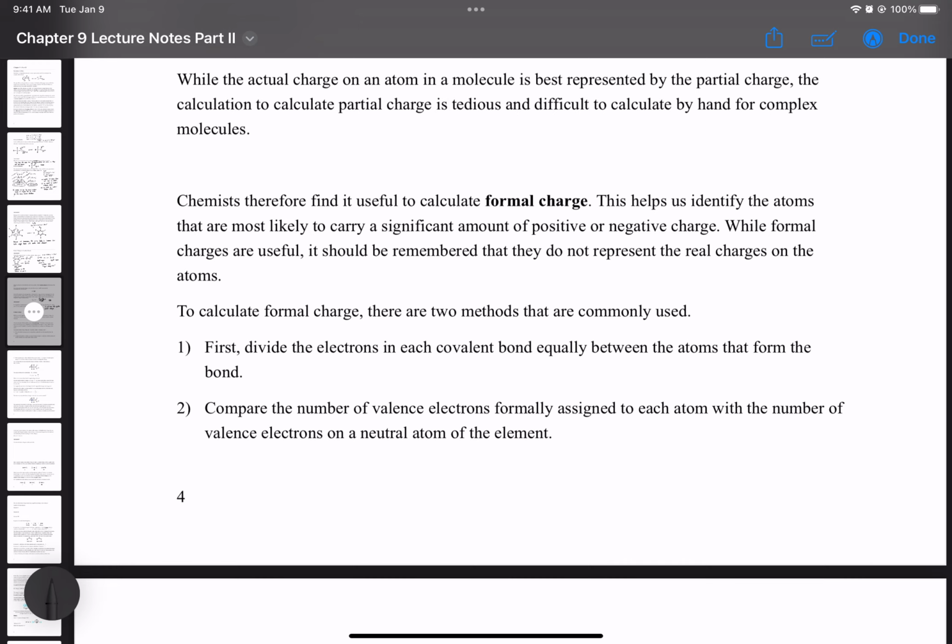There's not always a good way to reconcile that, because some elements are electronegative, right? Next, we compare the number of valence electrons that are formally assigned to each atom based on the valence number of electrons.